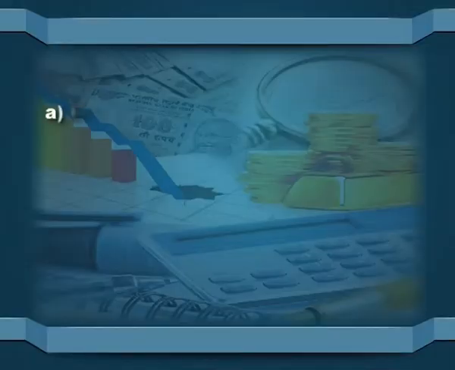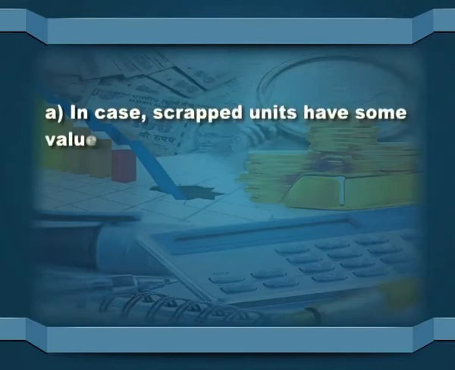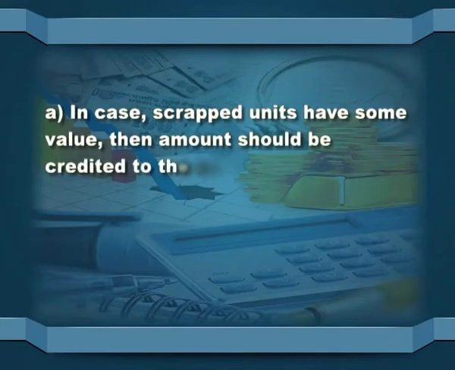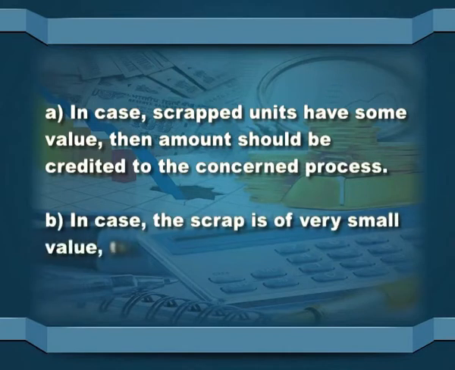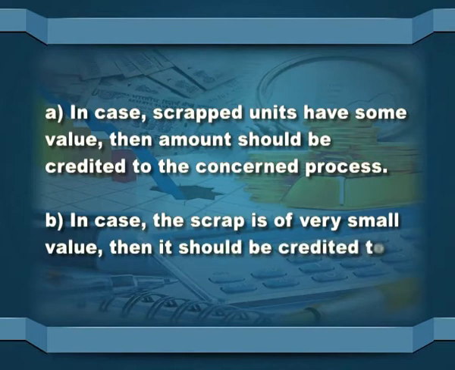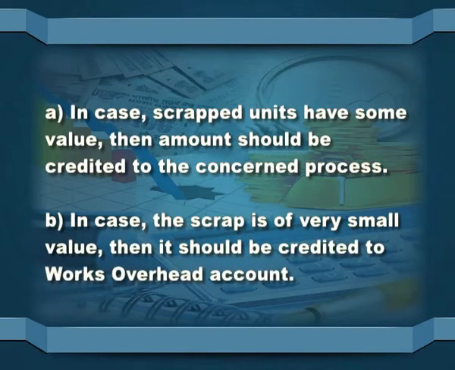Normal loss. It should be charged to the good units arising out of the process. Thus, cost of lost units is absorbed as an additional cost of good units produced by the process. There are 3 circumstances. A. In case scrapped units have some value, then the amount should be credited to the concerned process. B. In case the scrap is of a very small value, then it should be credited to the works overhead account.